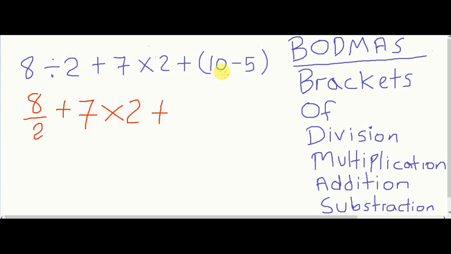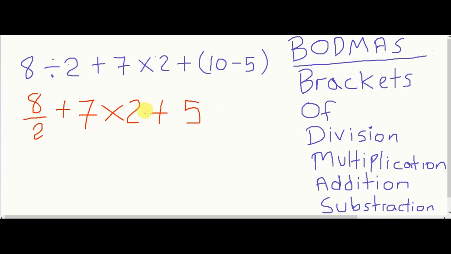In the bracket now we have 10 minus 5. So 5 from 10 leaves us with 5. So you realize that I worked out what is in the bracket and I have 5.